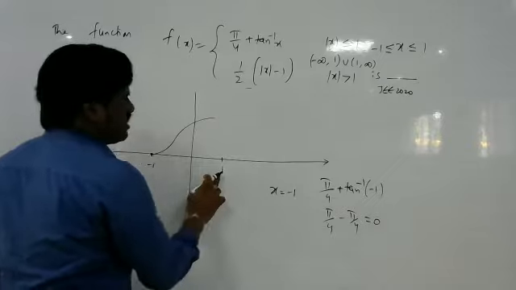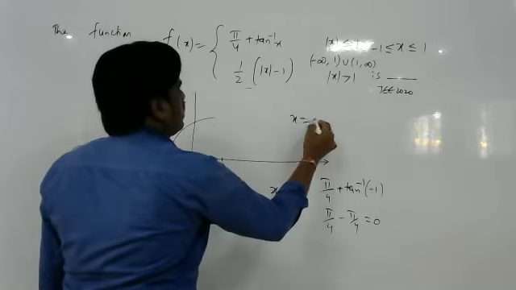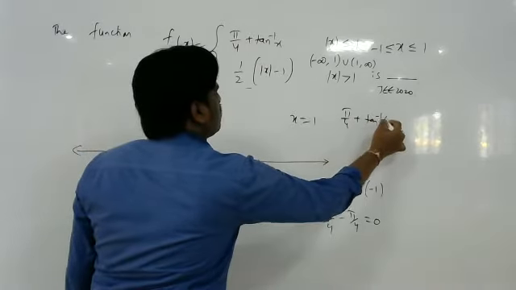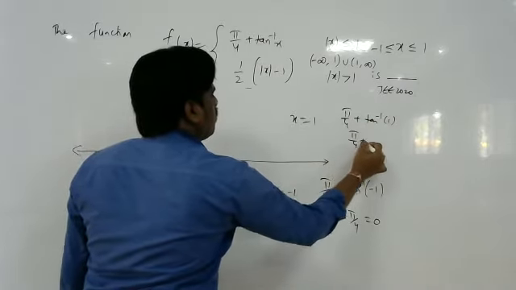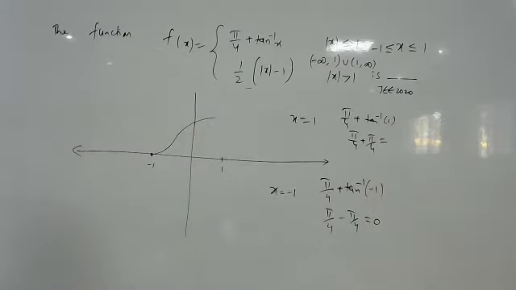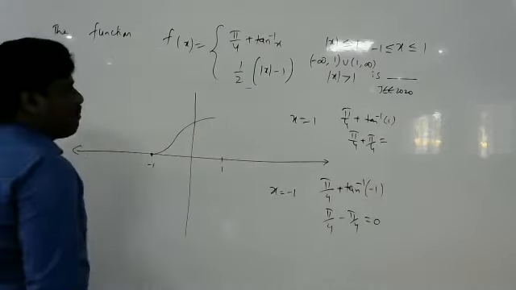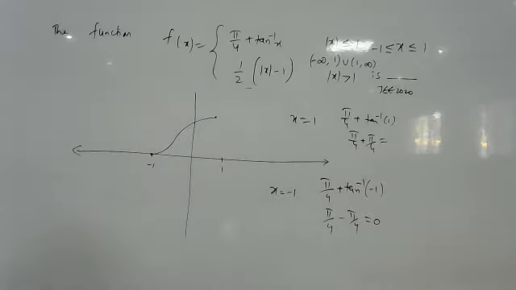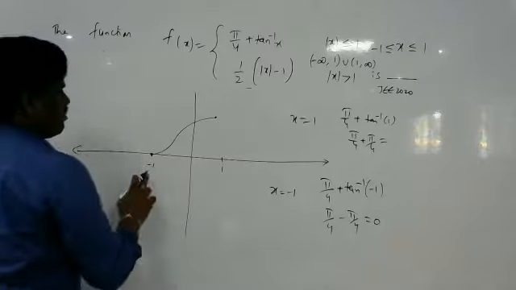Now if I substitute x is equal to 1, I get pi by 4 plus tan inverse 1, that is pi by 4 plus pi by 4, which is pi by 2. So the point is 1, pi by 2. This is minus 1 and plus 1.